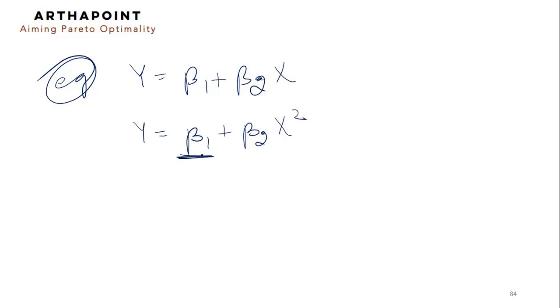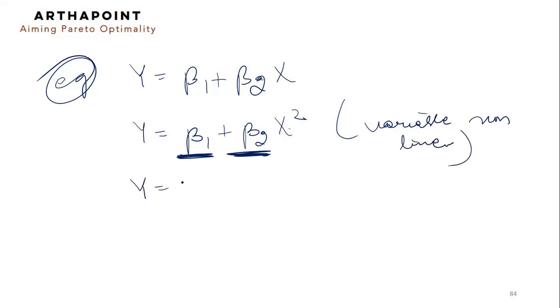The parameters are coming linearly. They are not in square term, they're not reciprocal, they're nothing. But the variable is non-linear, right? It's coming in the square term. Y is equal to beta 1 plus beta 2 1 by x. This is linear in parameter, non-linear in variable.